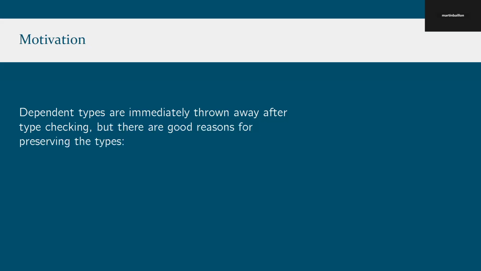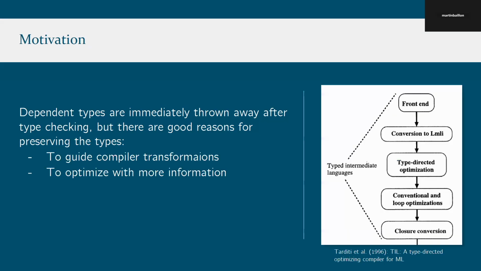But I think we know that there are some very good reasons to carry the types through intermediate stages of compilers, and from the relatively old work of typed intermediate languages, we carry the types into some fully typed program transformations, and they can guide the transformation, like CPS, like defunctionalization, closure conversion.